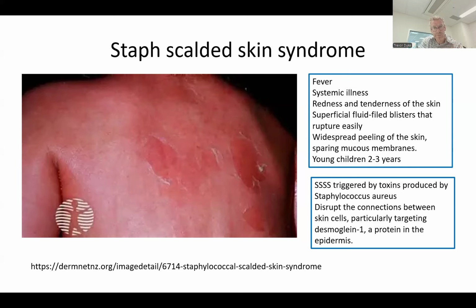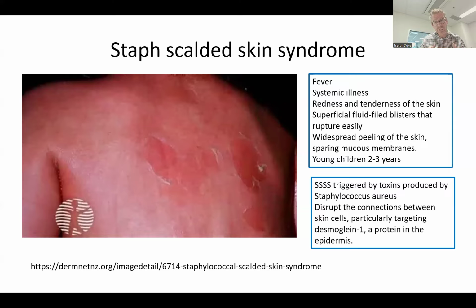It doesn't have quite the same appearance of scarlet fever or measles or rubella. It's more a generalized bright redness of the skin. The skin is also very tender, and it usually breaks out into fluid-filled blisters that can rupture easily.